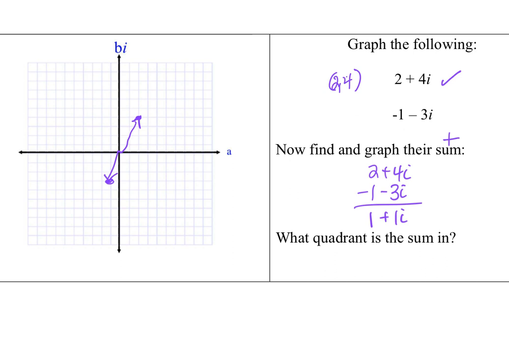So 1 and 1 is there, and then just draw the little arrow, and that's the sum. So what quadrant is the sum in? The sum is in quadrant 1. Remember, this is 1, 2, 3, and 4. All right. Have a wonderful day.